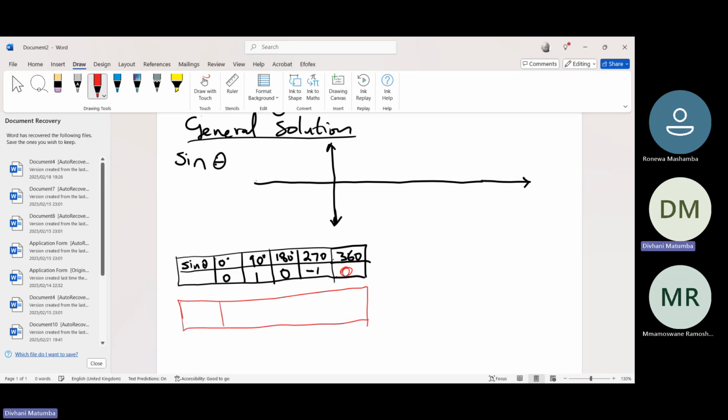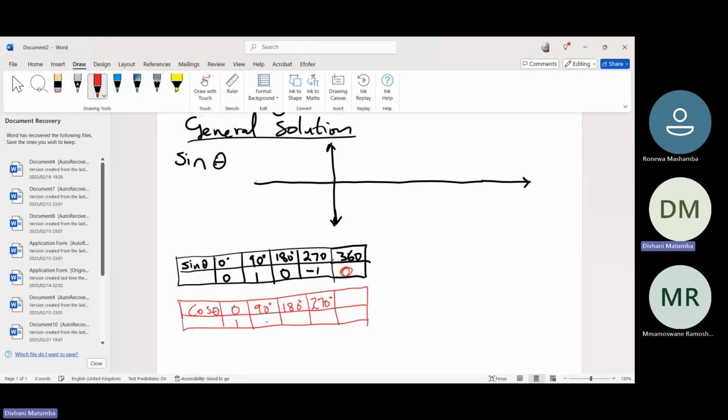I'm going to do the same with the cos. Okay, cos of theta. What is the cos of 0? One.